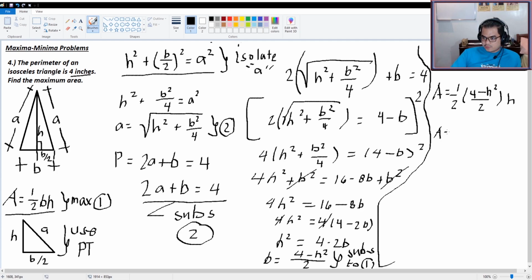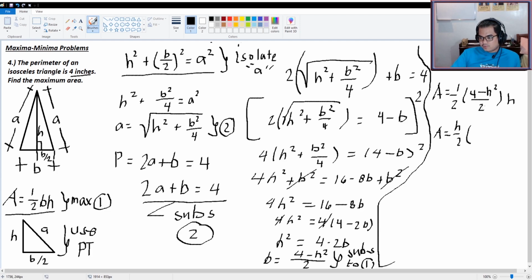Okay, so A now will be equal to... all we have to do is just distribute 1 half and h at the same time. So h times 1 half, you will have h over 2, right? I'm trying to break down this algebra for you. So we can split 4 and 4 minus h.